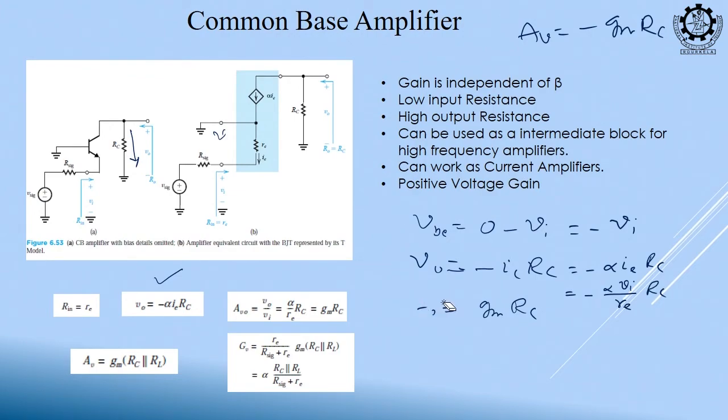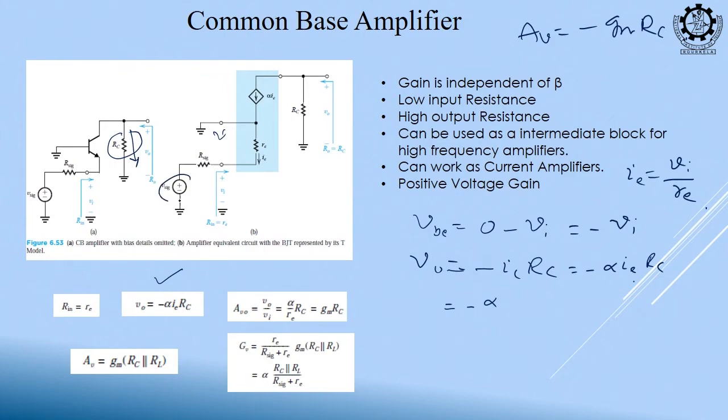Let's just write it completely. What is our output? The current flowing through the resistance. This is our output. What is the current? Minus IC. We will write this IC in terms of IE, alpha IE. And what is IE? IE is equal to Vi by RE.